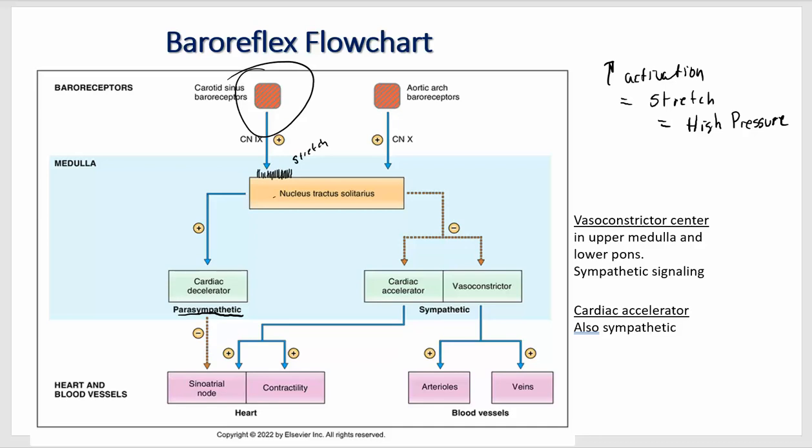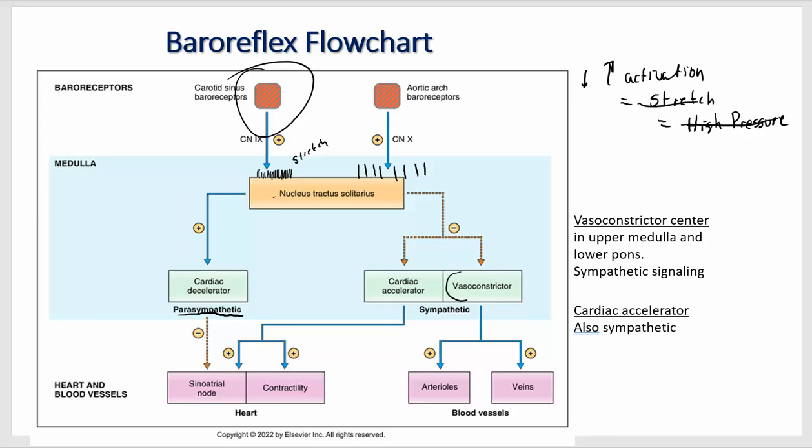and can also decrease contractility in the atria. Okay. On the other hand, if we have slower frequency action potentials, so this decreases, that's going to indicate lower pressure, so everything is flipped. Okay. So it's going to be lower pressure, which is going to then activate, again going through that NTS, the nucleus tractus solitarius, and then it goes to a couple of brain regions, the cardiac accelerator and the vasoconstrictor.